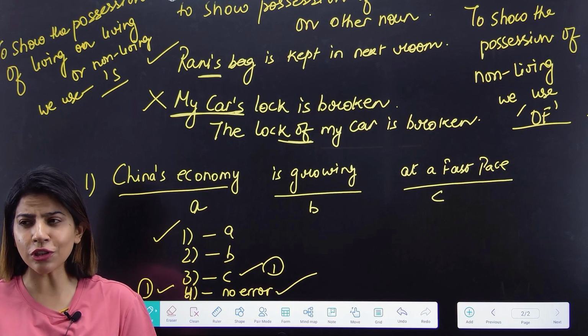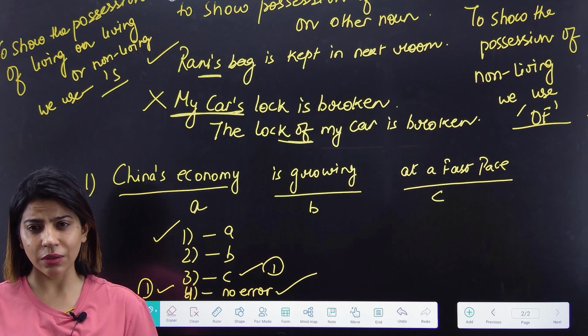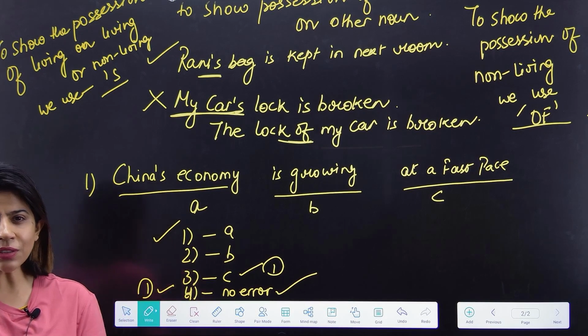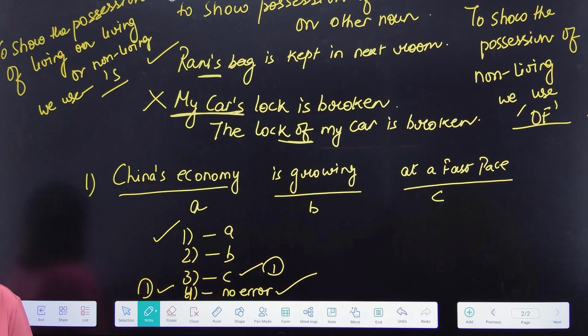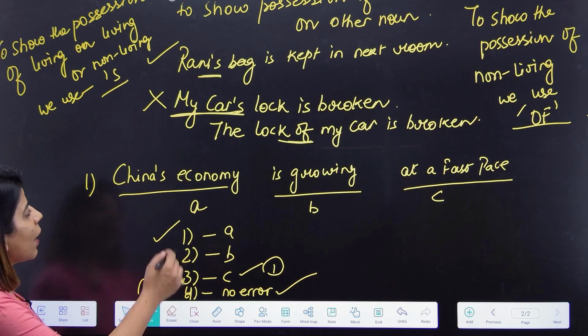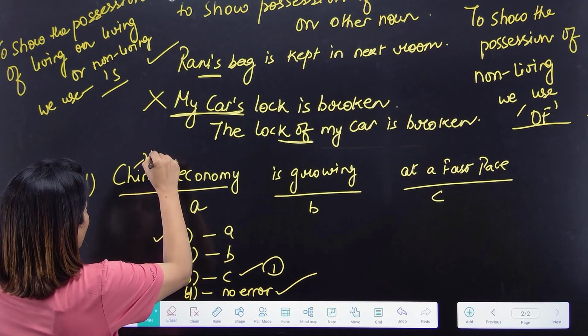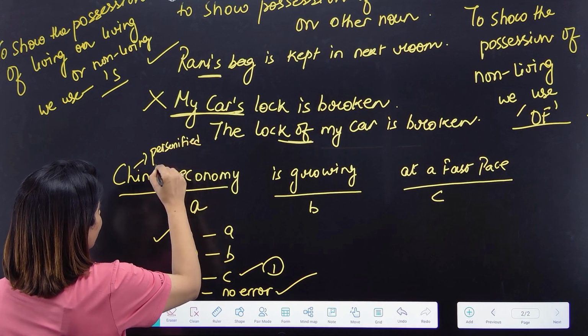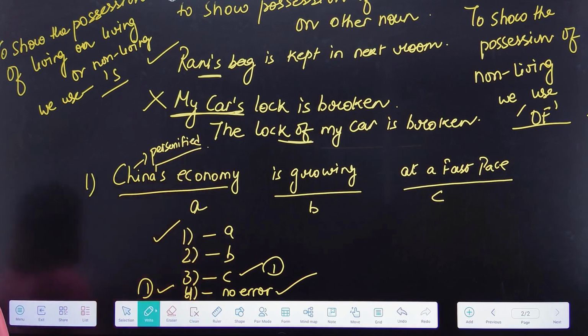Who constitutes the economy of a country? People. इकोनॉमी किससे बनती है? लोगों से बनती है इकोनॉमी. पीपल आर लिविंग फिनोमिना. तो यहां पर चाइना क्या कर दिया? पर्सोनिफाइड कर दिया. यू नो व्हाट इज पर्सोनिफाइड? Personified is giving living attributes to non-living.